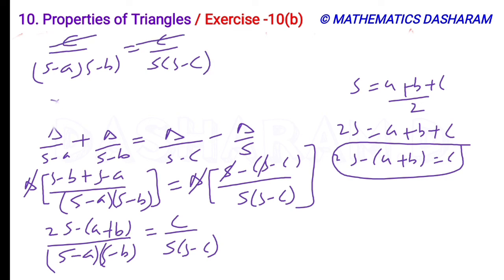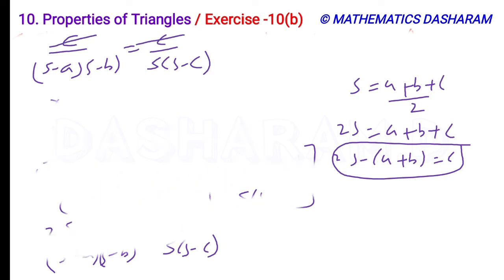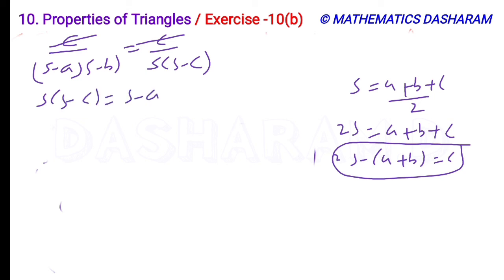We can cancel the c on both sides. Then do cross multiplication. So s into (s minus c) equals (s minus a) into (s minus b).